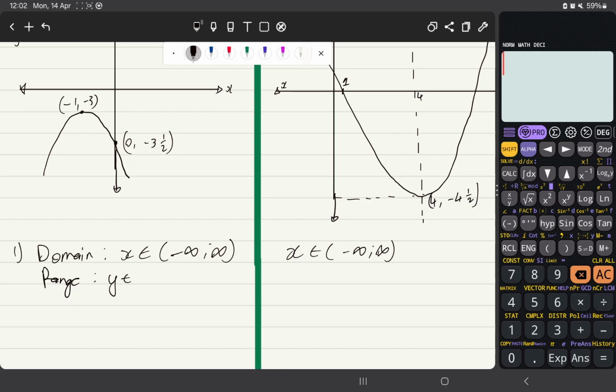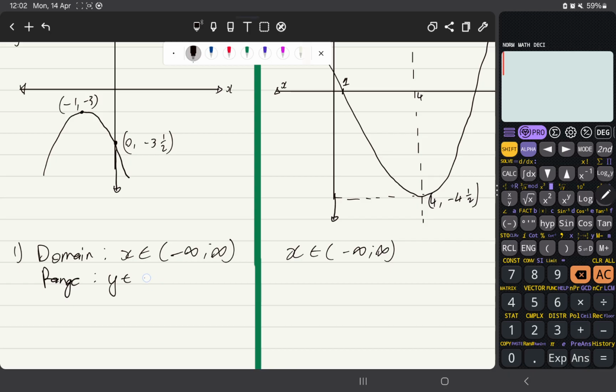I said they can be the same thing or different things, and you see here in both equations, our y value for the turning point is not the same as our y value for the y-intercept.